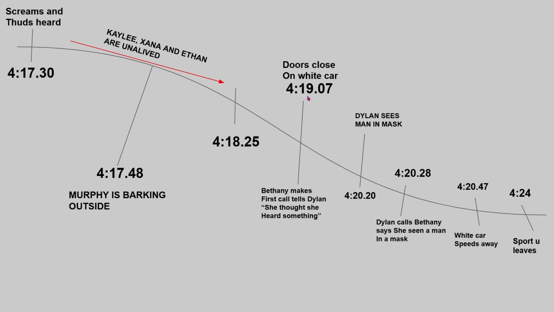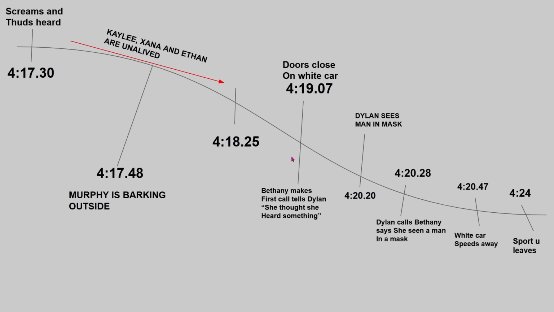At 4:19:07, we hear the doors shut on the white car. That's when Bethany makes the first call to Dylan saying she thought she heard something. Some of them have already left. At least one, if not two, are still in the house though, from 4:18:25 until 4:20:20 when Dylan sees the man in the mask.